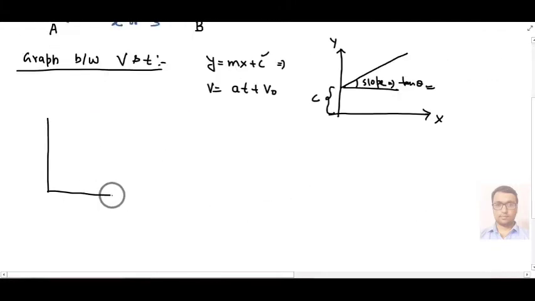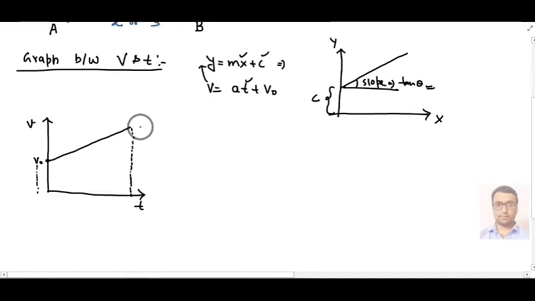Like v is your y, you will represent velocity on this axis, then you will represent time on the x-axis, and you will make your graph like this, where this length will be v naught basically, and this length will be v.